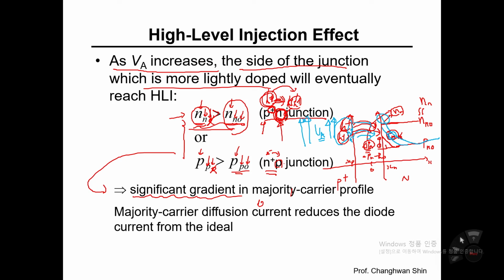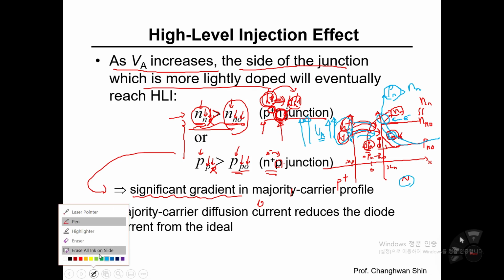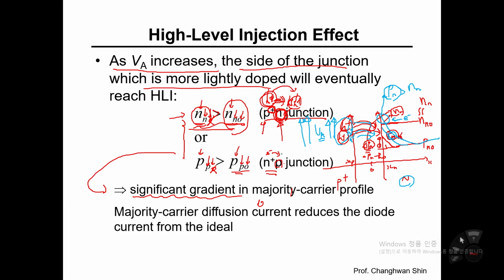Take a look at this part. Now p sub n is higher than n sub n. That means many electrons in this n-type material would be induced to compensate these injected holes. So if I draw the majority carrier concentration profile, it would be this.